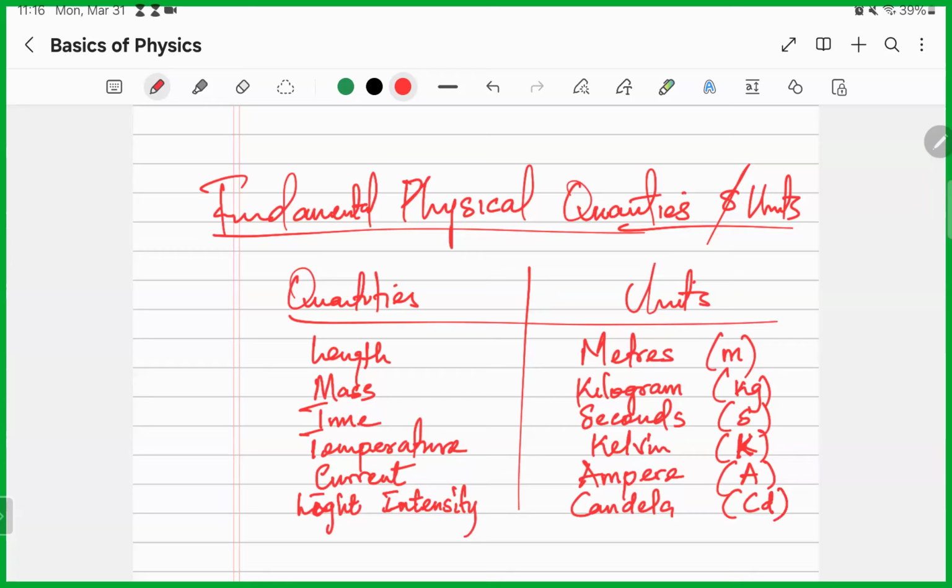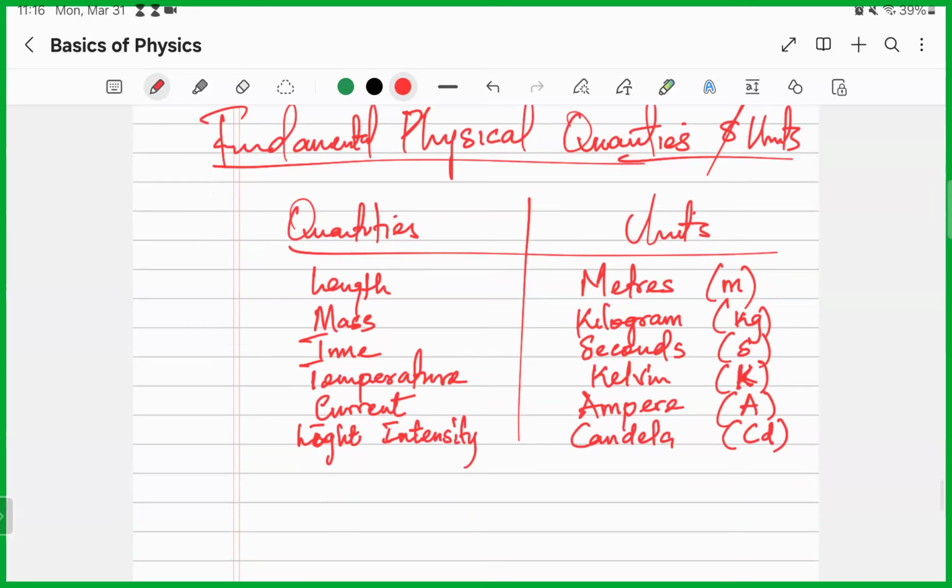Yeah, so keep that in mind: length, mass, time, temperature, current, light intensity. And then maybe amount of substance is what I'll just add. Amount of substance, I can say that is a mole, let me just put mol there.